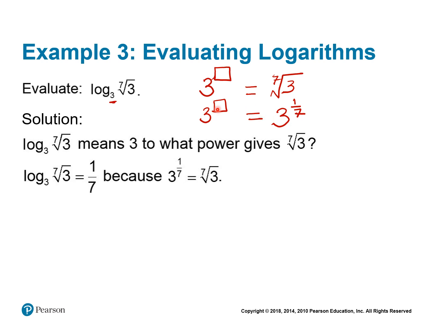If they are equal, then the exponent on the left hand side must also be 1/7. So I'm going to fill this box and write 1/7 as the exponent. So our final answer of this evaluation is that log base 3 of the 7th root of 3 is 1 divided by 7. All right.